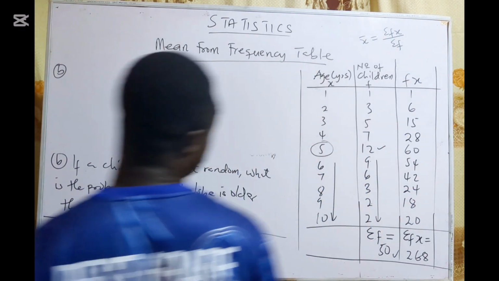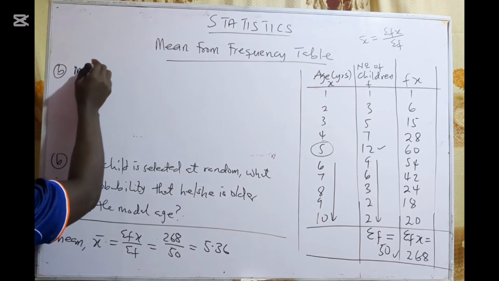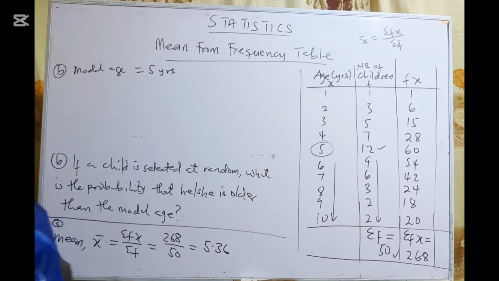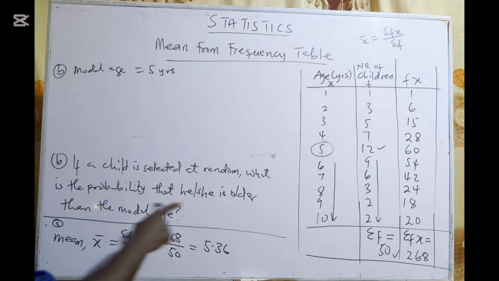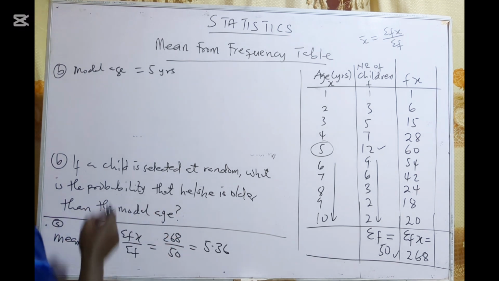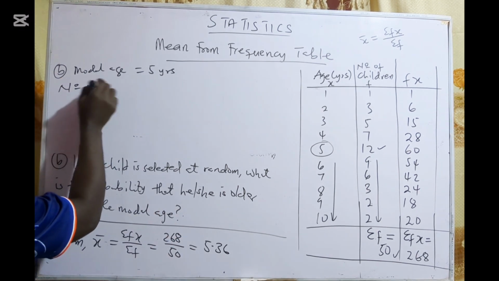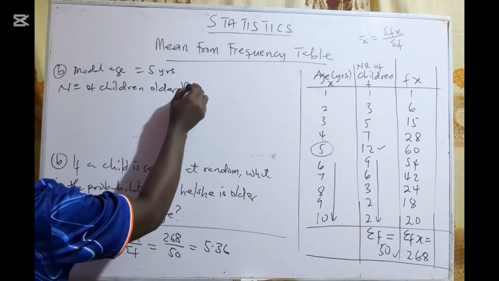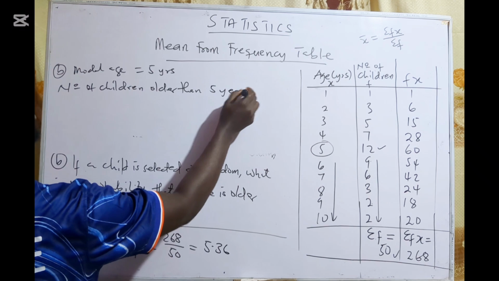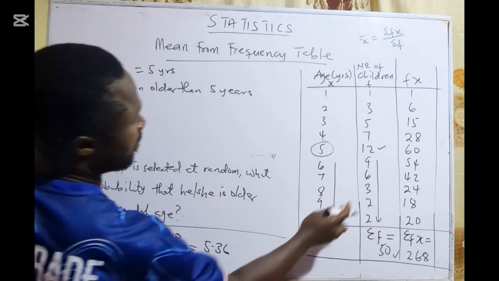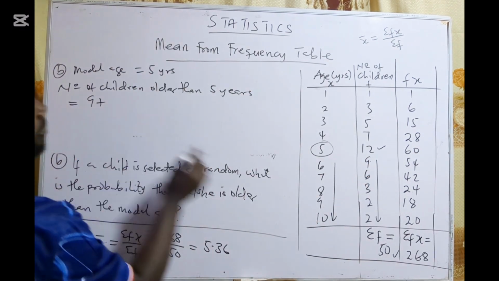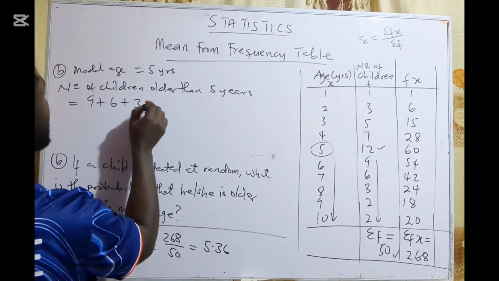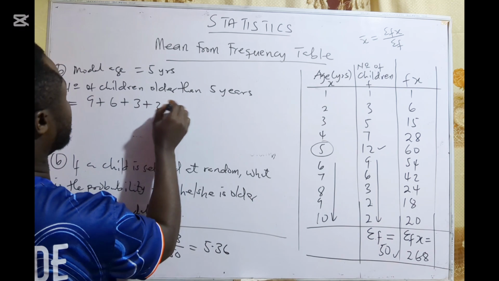All right. So we know that the mother age is 5 years. So we are finding the probability that a child selected at random is older than 5. So we say the number of children older than 5 years will be equal to what? 9 plus 6 plus 3 plus 2 plus 2.